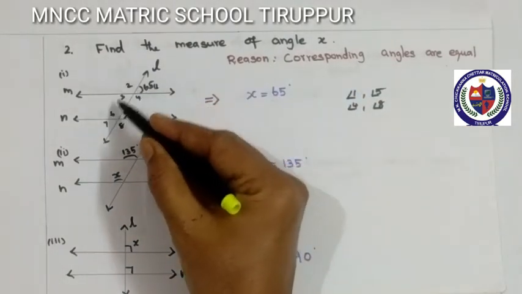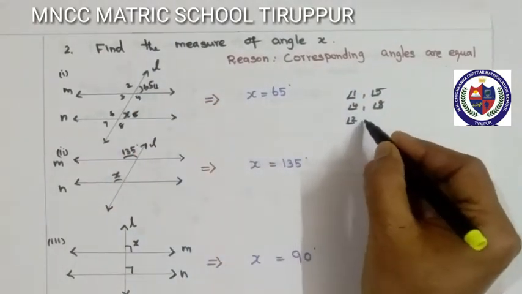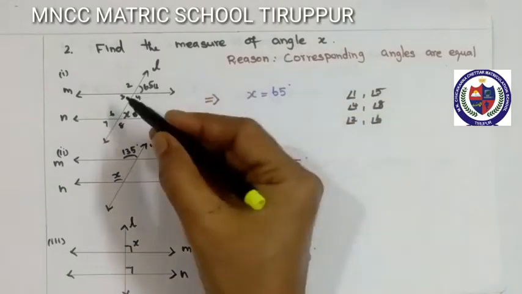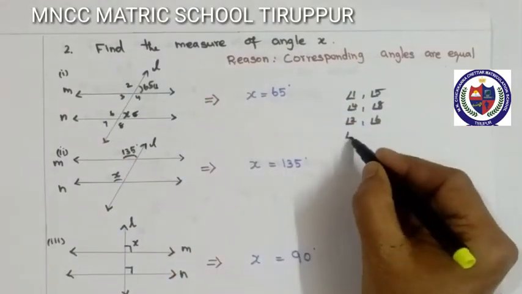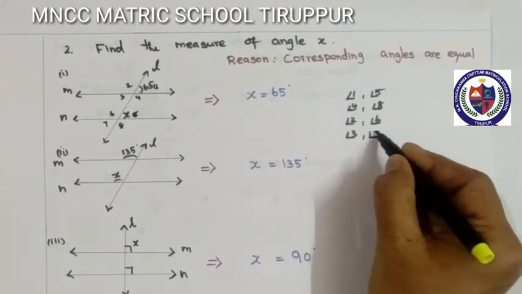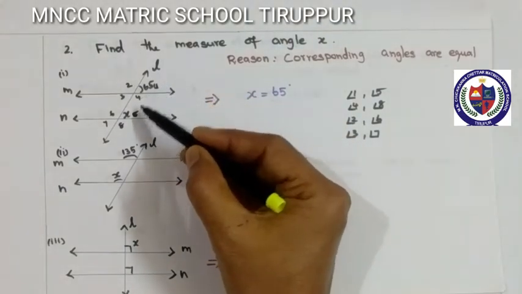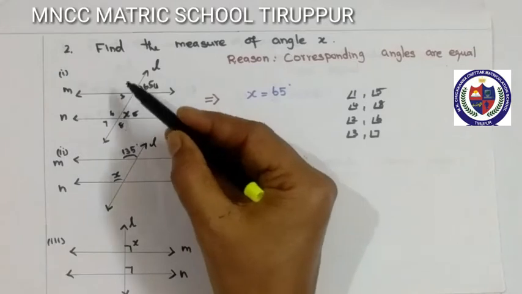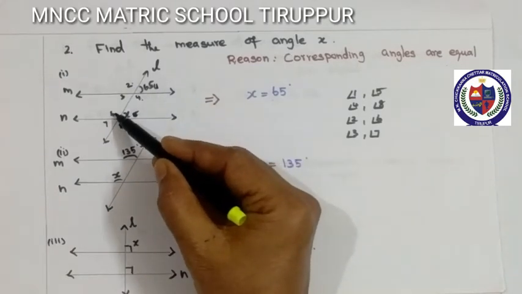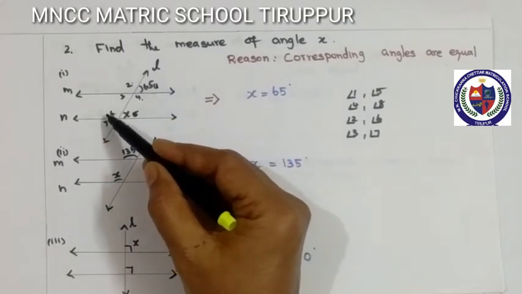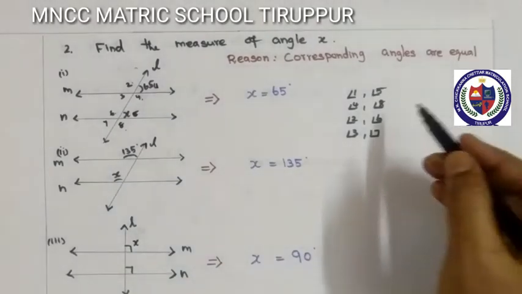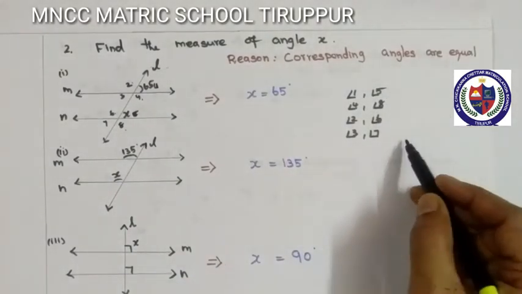Same, 2 and 6 are corresponding angles, and 3 and 7 are corresponding angles. So corresponding angles are equal.